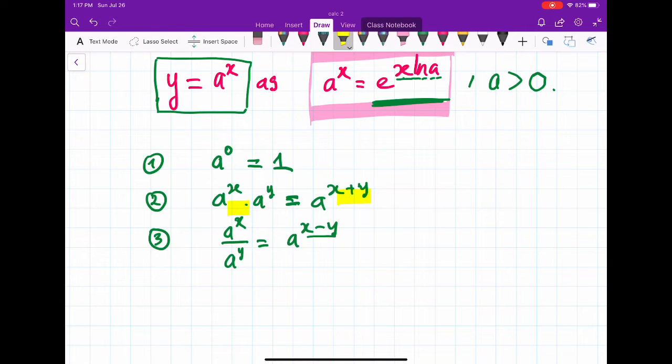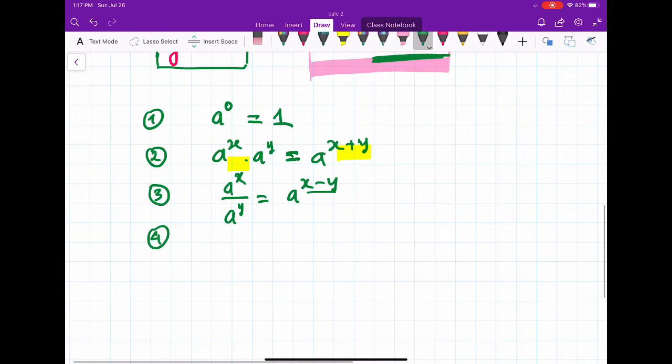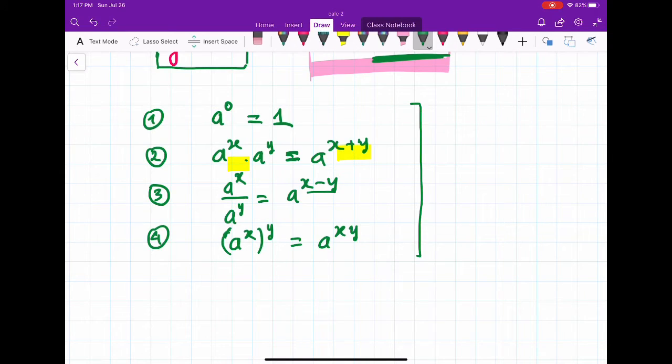You see that? Okay, next, if you have a to the x and then you apply the power one more time, you get a to the x times y. So all these four properties are important for exponential functions. And remember that we may define the exponential function for a greater than 0.